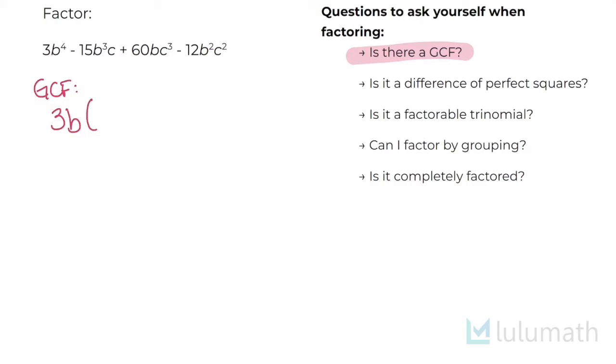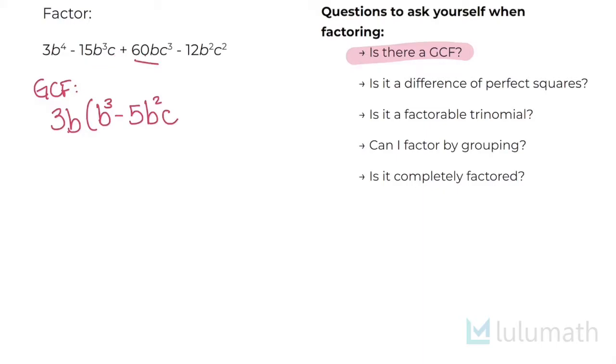When I factor out a 3b from my first term here, 3 divided by 3 is 1, and b to the power of 4 divided by b is b to the power of 3, because 4 minus 1 is 3. In my second term, negative 15 divided by 3 is negative 5. B to the power of 3 divided by b is b to the power of 2. And then I have a c left over.